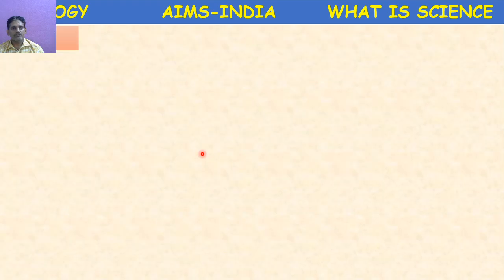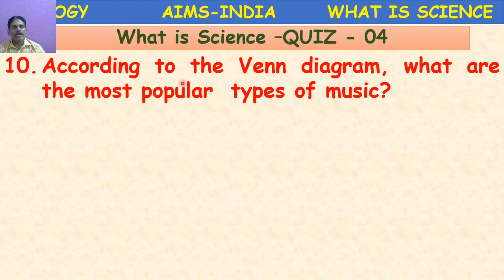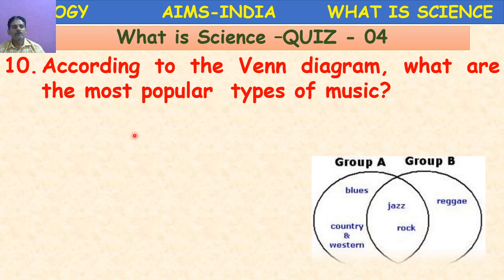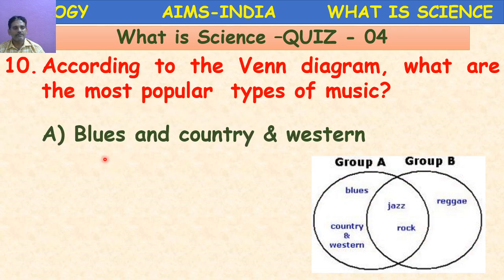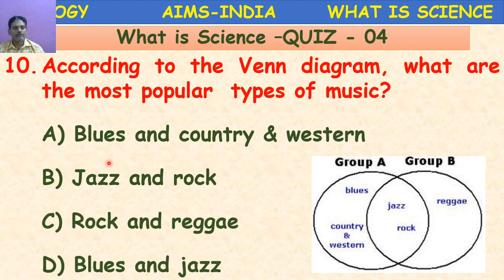So last question. According to the Venn diagram, what are the most popular types of music? Here the different musics are given: blues, country and western, jazz, rock, reggae. Okay, blues and country, western, jazz and rock, rock and reggae, blues and jazz.